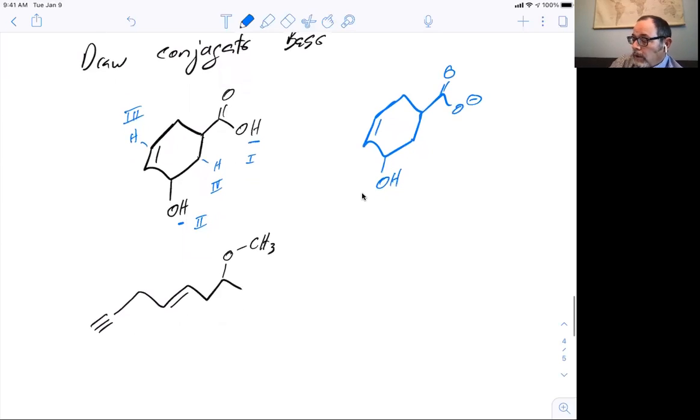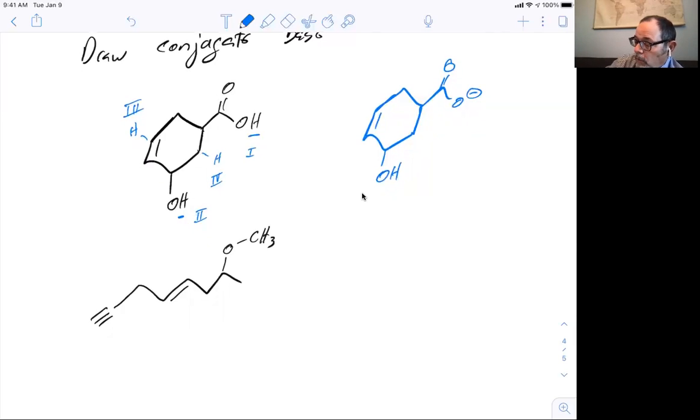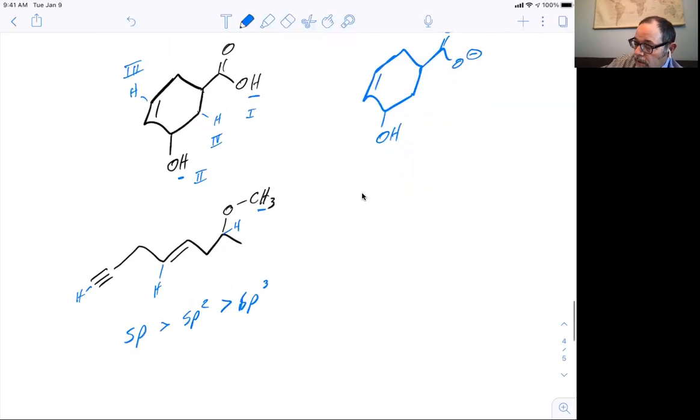If we look at the next one, it's a little bit more difficult. And again, we've got several. So we've got this one, we have the alkene, and it turns out this proton and this proton would be next. Okay, and this has to do with hybridization. sp is more acidic than sp2, which is more acidic than sp3. And although this is an ether, the oxygen just has an inductive effect.